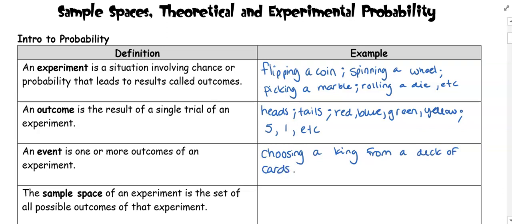That's the event that we're looking for. It could be one or more outcomes. So the event could be choosing a king and then choosing a queen. It could be rolling a 1 and rolling a 2, or rolling an even number. So an event is something that we're looking for from the experiment involving one of those outcomes.